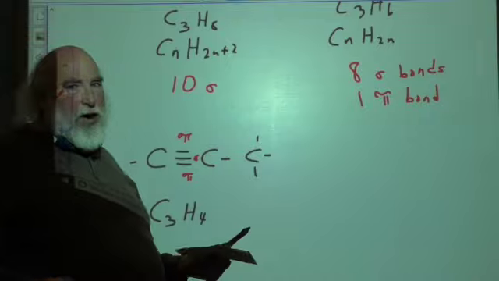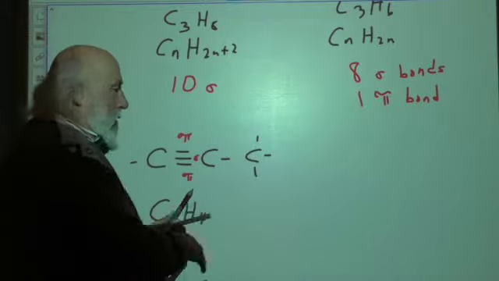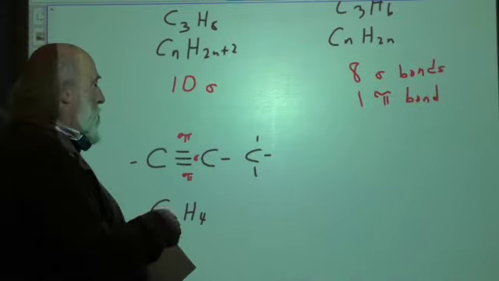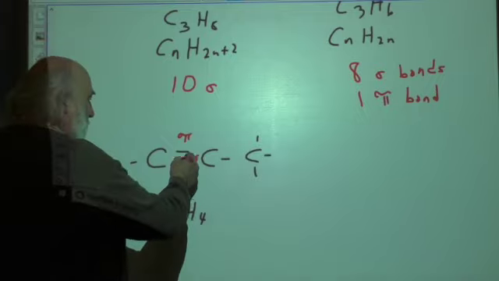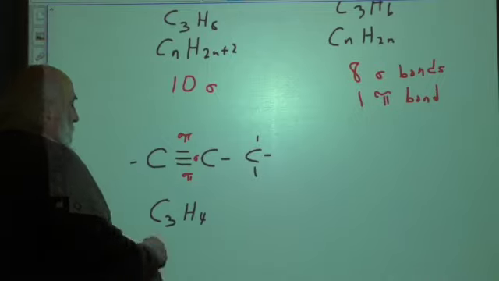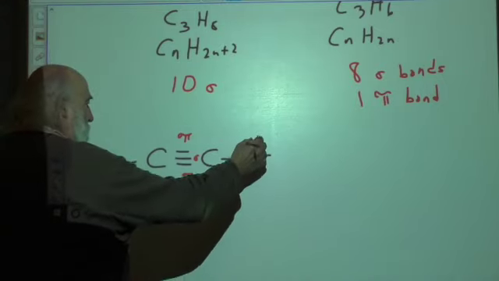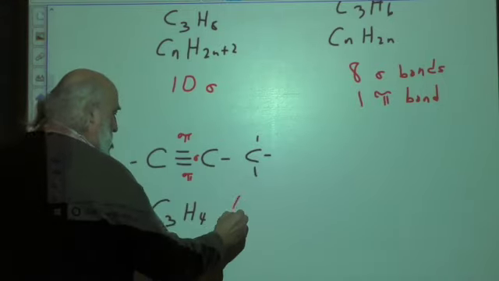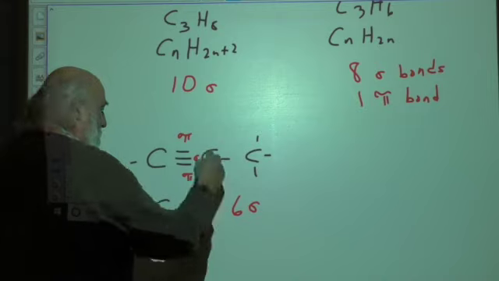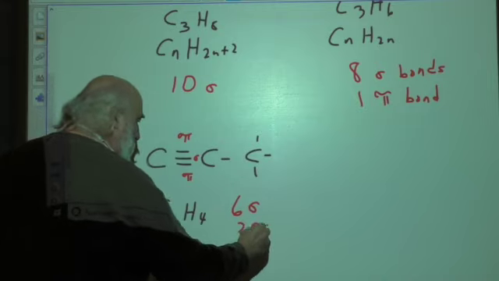Anti-bonding is not where you find electrons, the bonding is. It's a little complicated, but trust me when I say, we have two pi bonds here and one sigma bond. So we count the sigma bonds, 1, 2, 3, 4, 5, 6 sigma bonds, and we have 2 pi bonds.